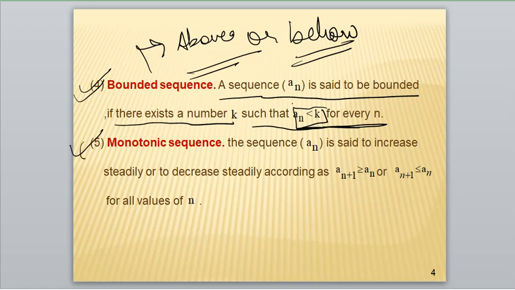Now, monotonic sequence. What is a monotonic sequence? If a sequence is increasing, decreasing, strictly increasing, strictly decreasing, then that type of sequence is called a monotonic sequence.